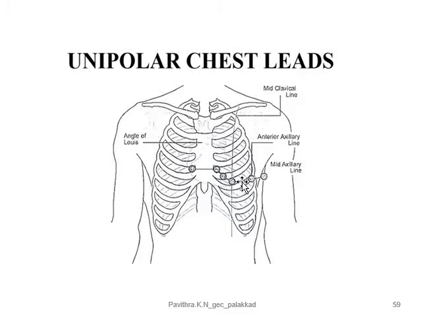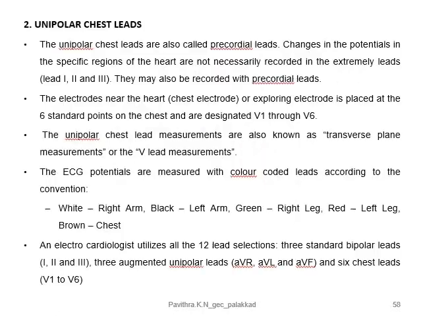And V5 is at the same level as V4 itself. It is kept at the anterior axillary line of the chest. And V6 is also at the same level as V4 itself. These three are at the same level, and V6 is kept at the mid axillary line. So these are the 6 different locations where we place the unipolar chest leads.